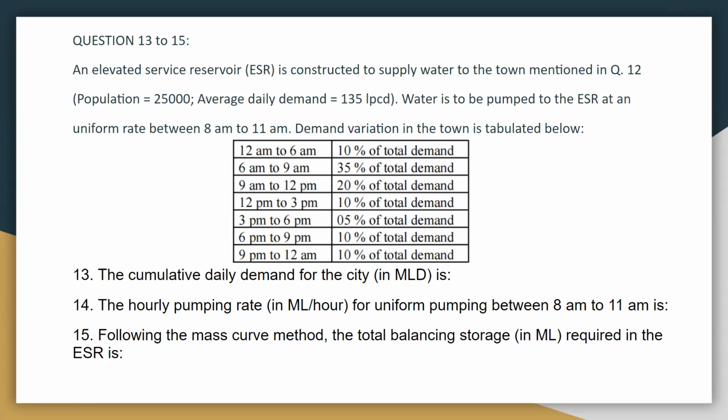Since it is coming in the unit million liters per day, you can understand you have to multiply some value with the population, right? So if you multiply this population value with the average daily demand, you will get the cumulative daily demand.